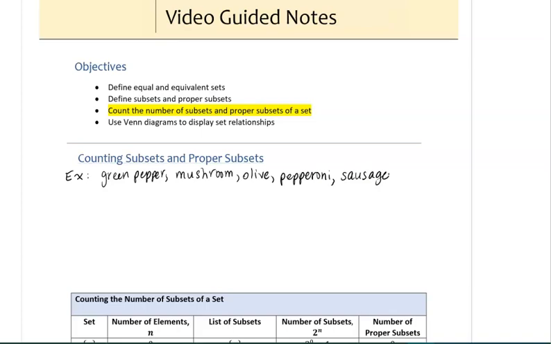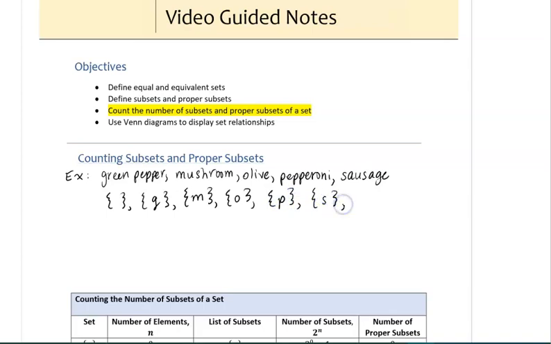And basically what this boils down to is counting the number of subsets of this set, the set containing these 5 toppings. So if we got a pizza without any topping, then that would be represented as the empty set. So that's one choice. Now we could get a pizza with just green peppers, or just mushrooms, or just olives, just pepperoni, or just sausage.